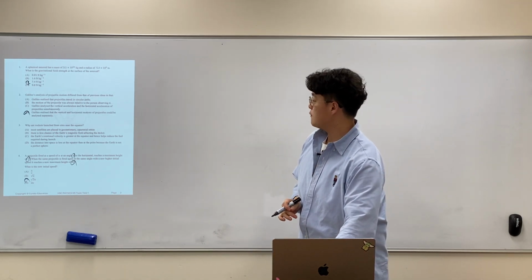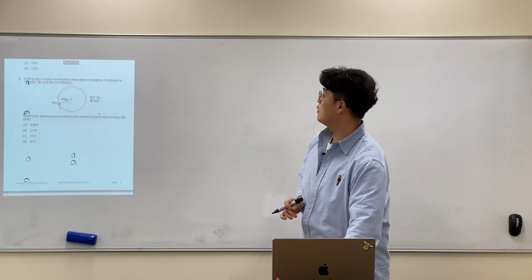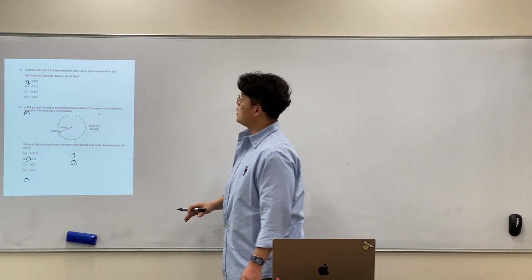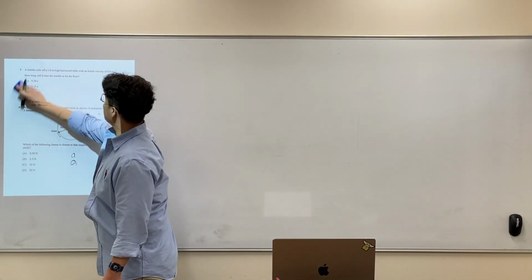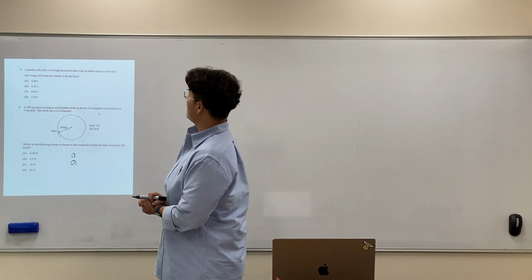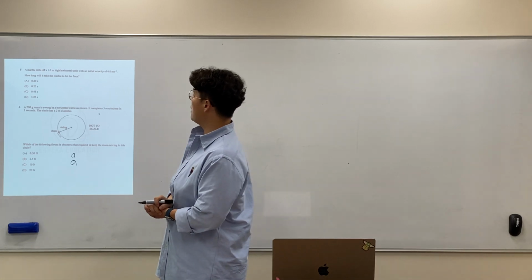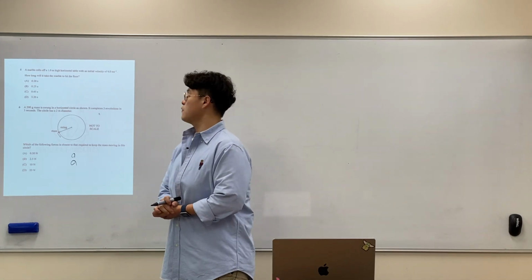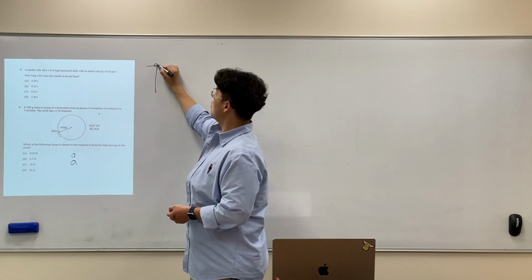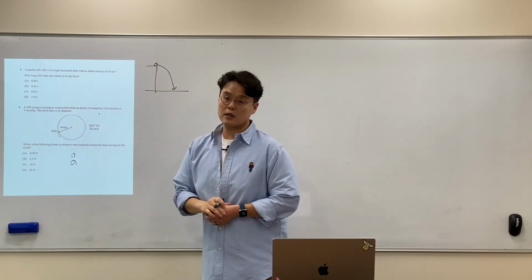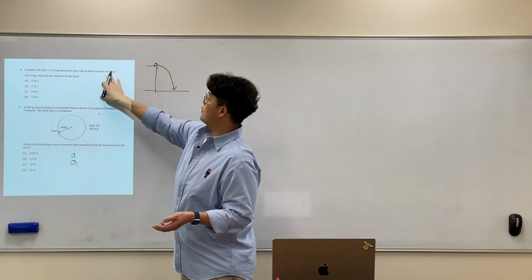Okay, question 5. A marble rolls off a 1 meter high horizontal table with an initial velocity of 4 meters per second. How long will it take the marble to hit the floor? You can imagine that marble rolling off the table like this. You don't need to worry about the initial velocity.